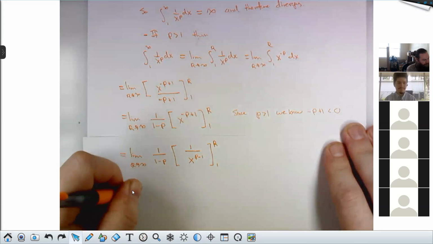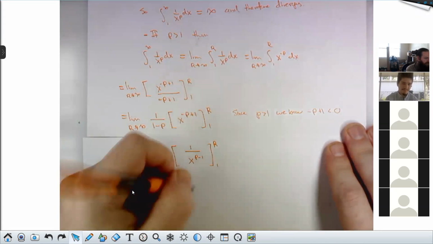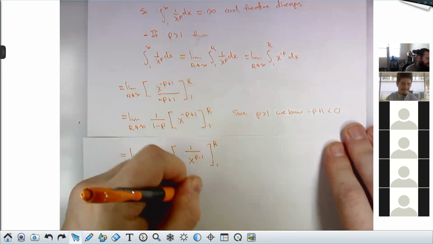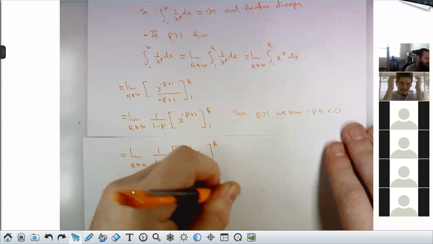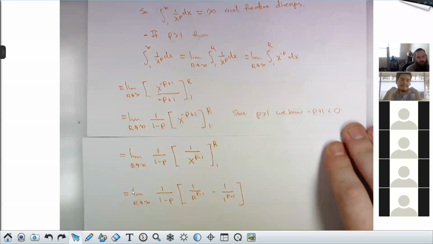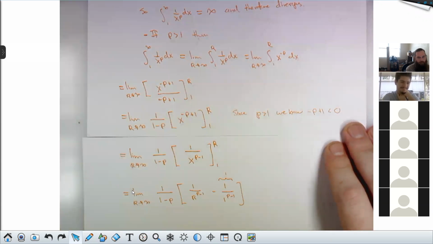So this is the limit as r goes to infinity of 1 over 1 minus p times 1 over r to the p minus 1, minus 1 over 1 to the p minus 1. This piece right here is just 1, right?